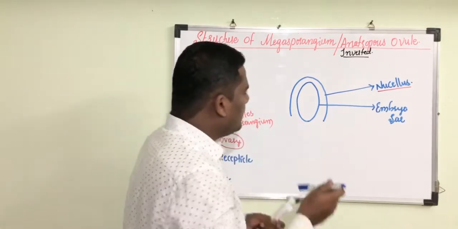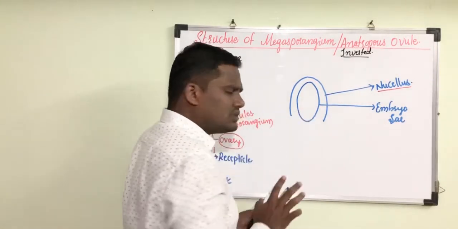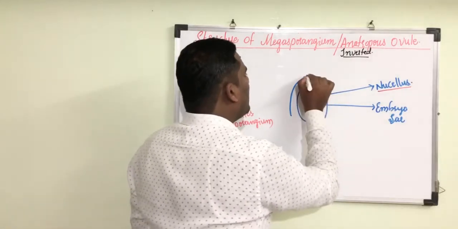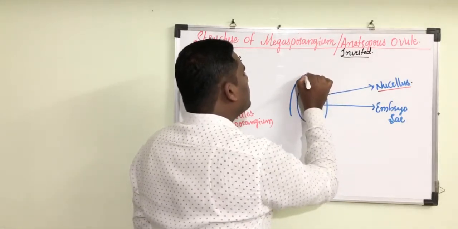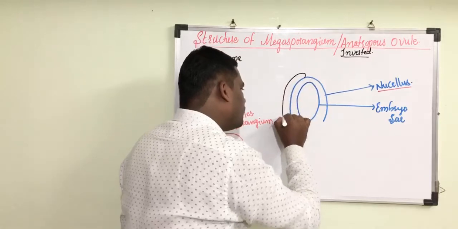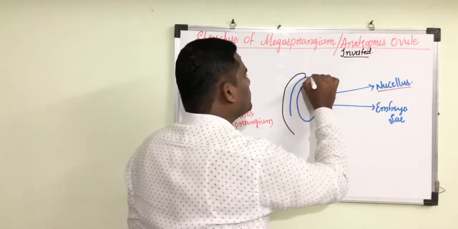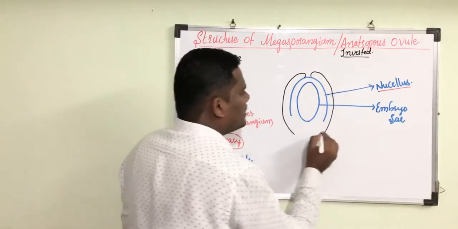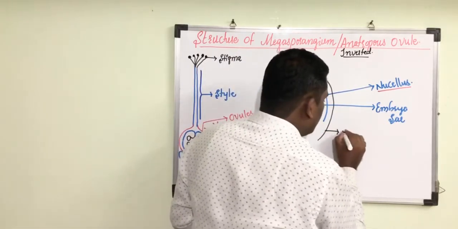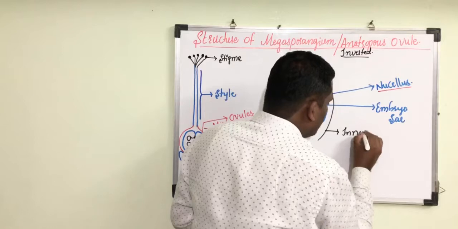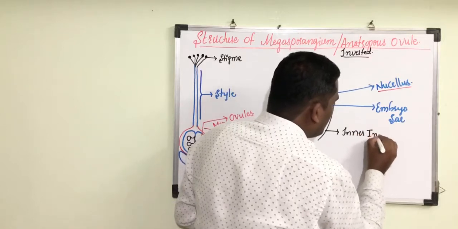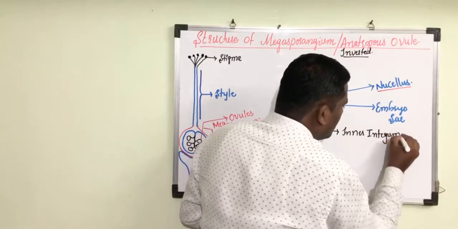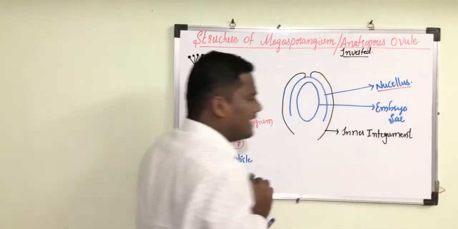Now, this nucellus and embryo sac are surrounded by another group of layers. This layer is called the inner integument.